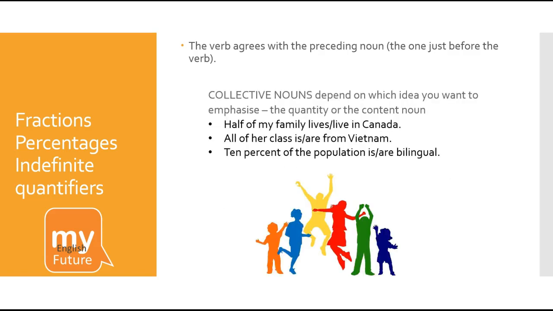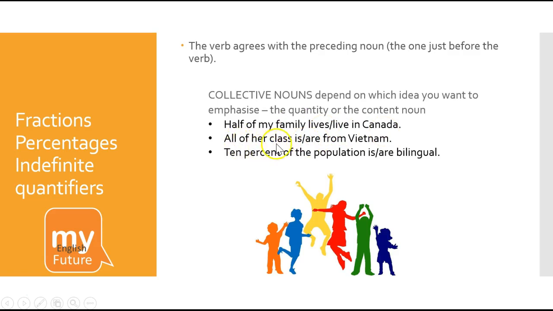The problem or the confusion for you might be when we use collective nouns, group nouns like family, police, which can be both singular and plural. Half of my family lives, or half of my family live in Canada. Don't worry, both of these are correct.